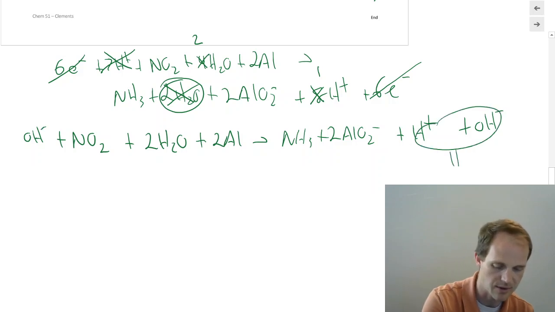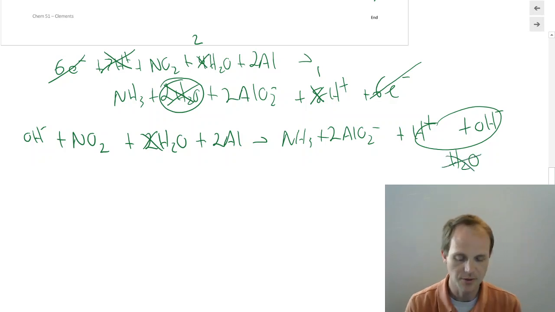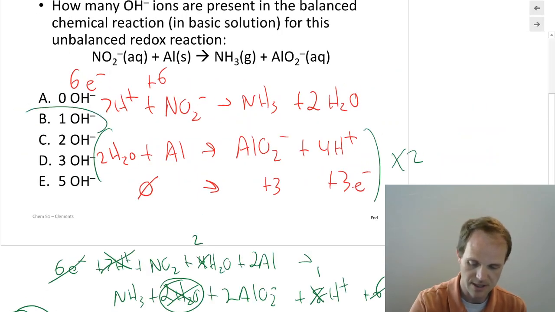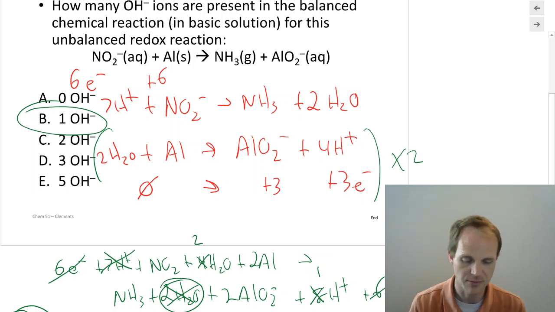These two combine to make water. That will cancel one of the waters here. And so we would then write that out neatly if that was our goal. Our goal here was just to know how many hydroxides, which is just a nice little 1 over here. So our answer is B. We have 1 hydroxide on both sides.